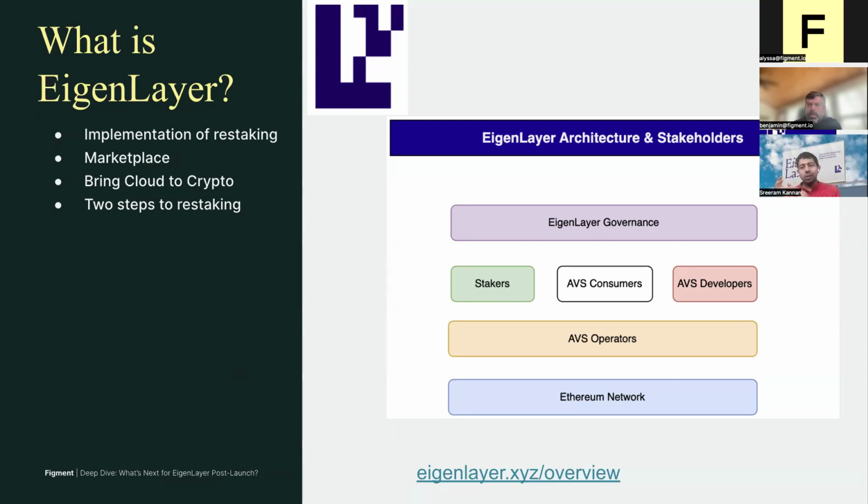And what is the source of decentralized trust? Let's take Ethereum. The source of decentralized trust is that there is an amount of stake that has been put in, and stakers are promising that they will run the Ethereum software correctly, and if they don't, they are liable to lose their stake. This is called slashing.